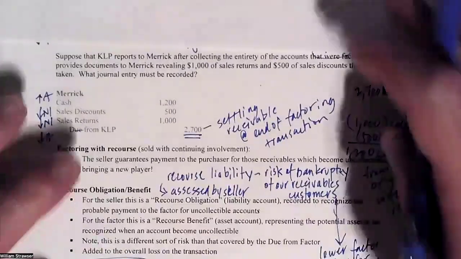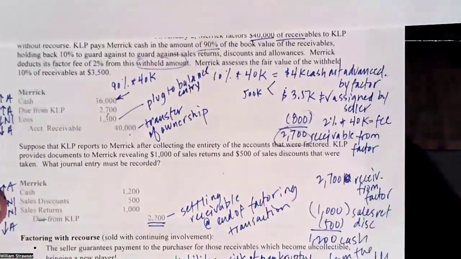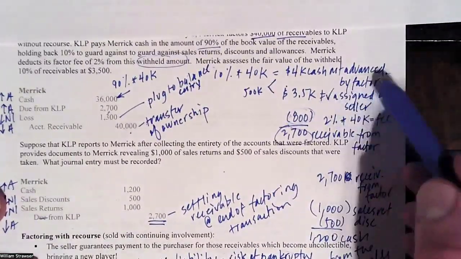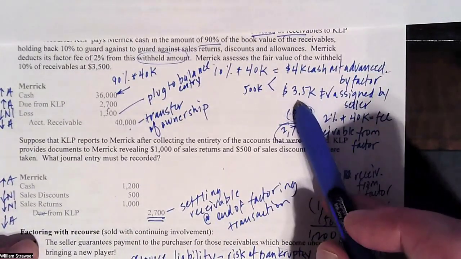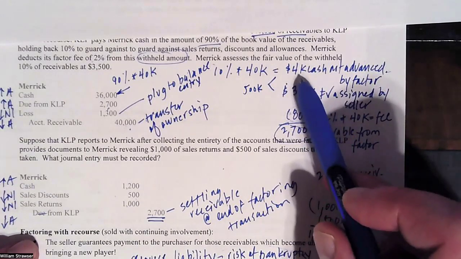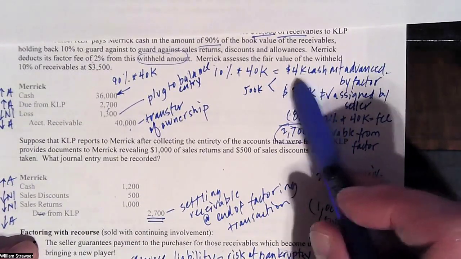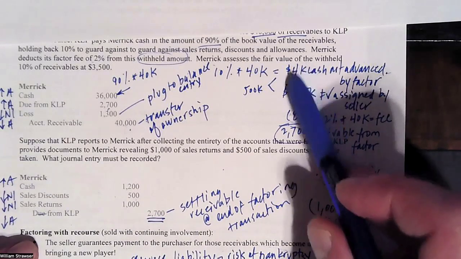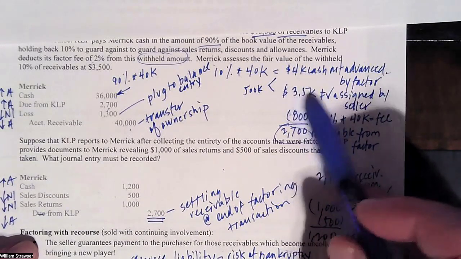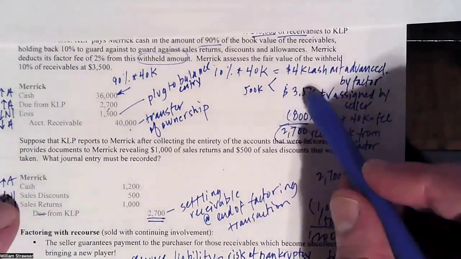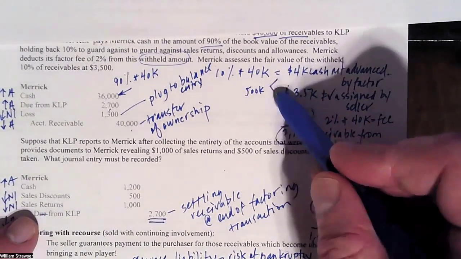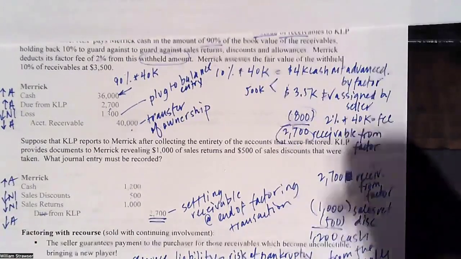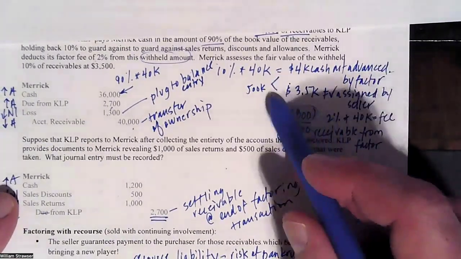So remember, the loss on transaction without recourse came from two places, really. It came from the seller's assignment of fair value to the receivables withheld, the cash that was not paid by the factor. The cash that wasn't paid by the factor was 4,000, but we decided they're really only worth 3.5 after returns and allowances. That was a $500 reduction in value. And then there was the factor fee of 800.